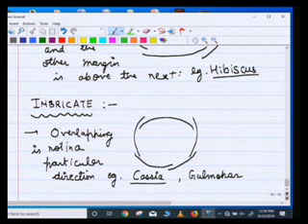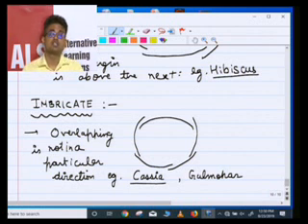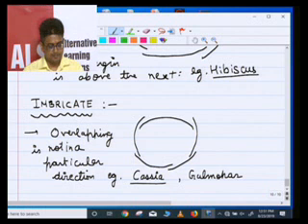Last, we come to the most important estivation, which has been asked multiple times in the examination. It is called the vexillary estivation. It is a characteristic feature of the family Fabaceae, the pea family.